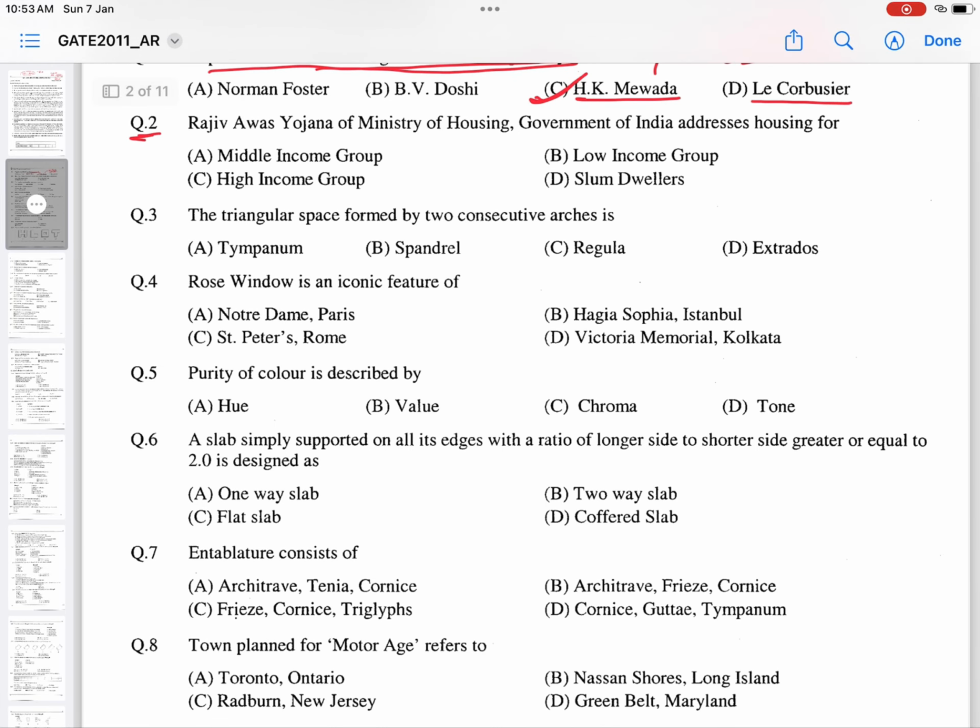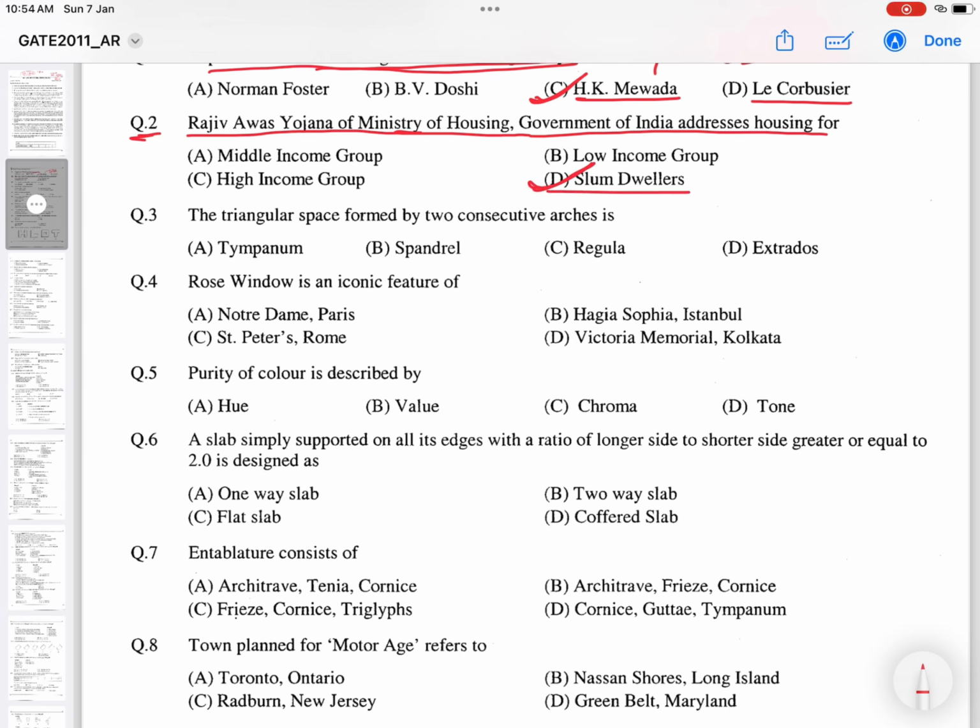And coming on to question number second, Rajiv Awas Yojana of Ministry of Housing, Government of India addresses housing for. So you should know they address housing for the slum dwellers. Their logo is Slum Free India. Okay, remember it, Rajiv Awas Yojana.